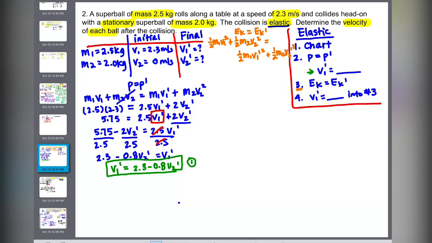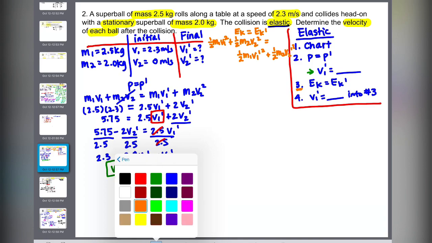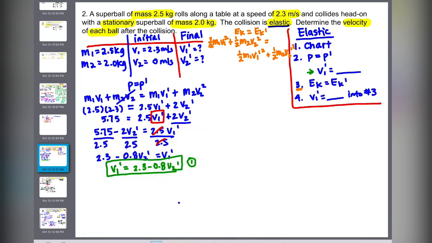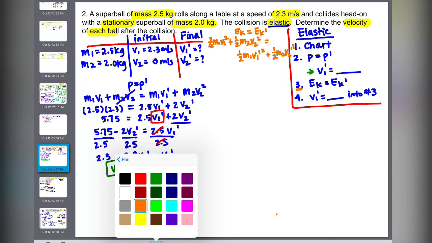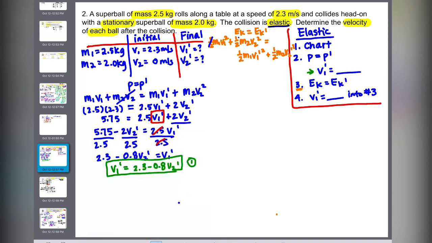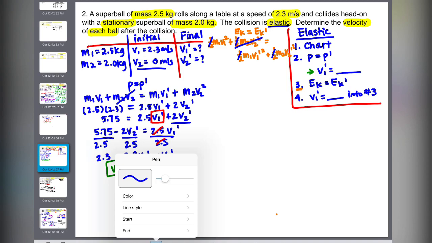Okay, all the halves can go because the half is in every single term, so I'm going to cancel them. The other thing that can also go is v2 is 0, so this term is gone. All right, so let's see what we have left. Let's start plugging in our numbers.